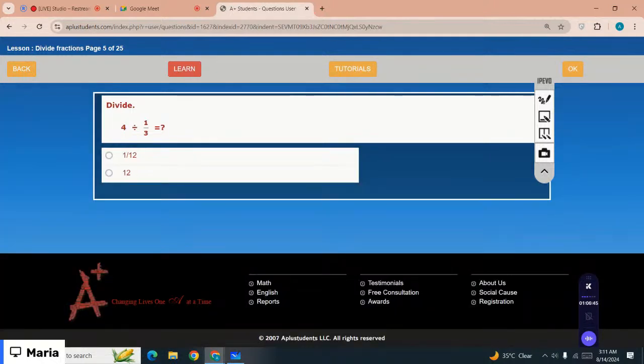The next one is 4 divided by 1 by 3. Which is the correct option?